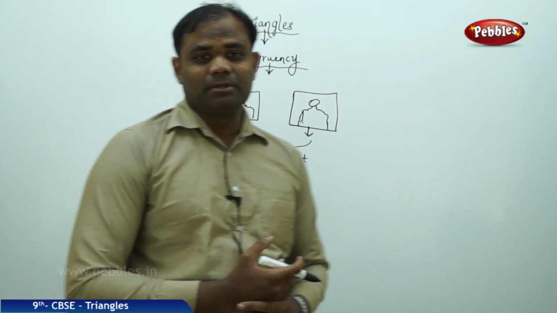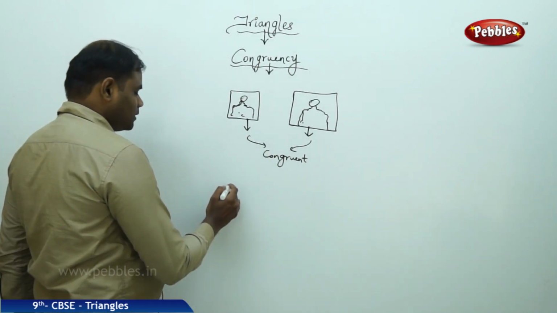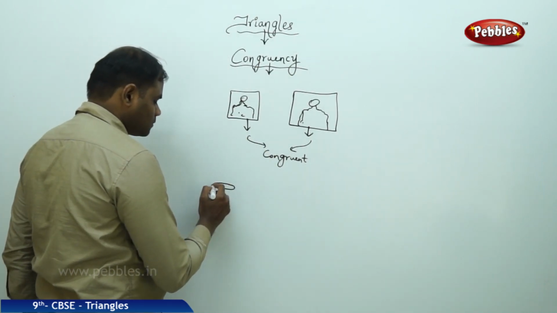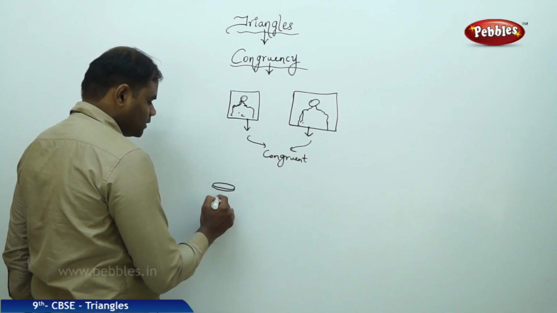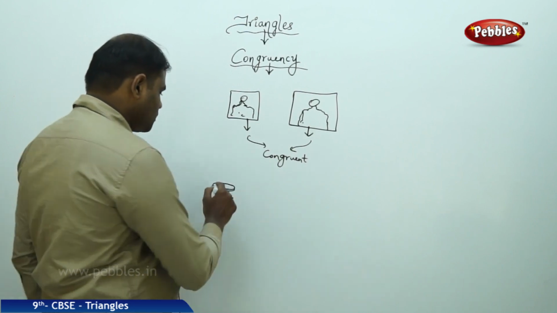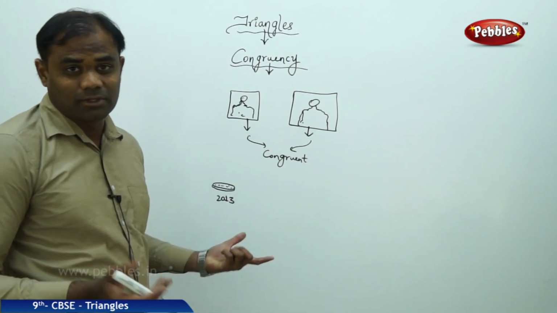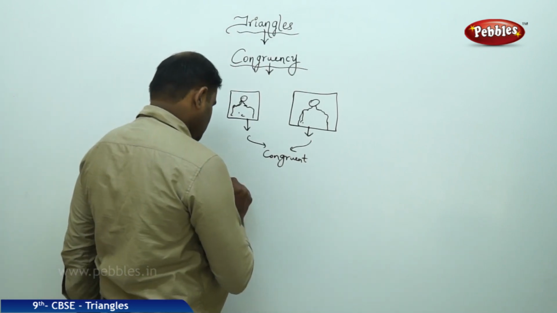Or say for example, I take a 1 rupee coin of the year 2013 and I take a similar coin of a different year, say 2015.